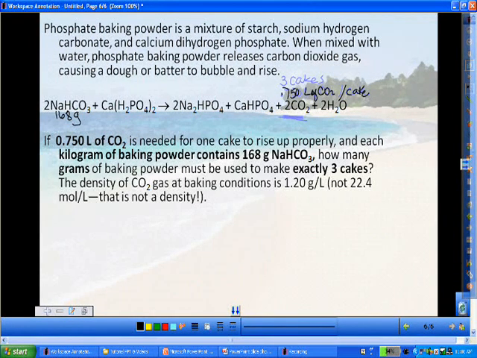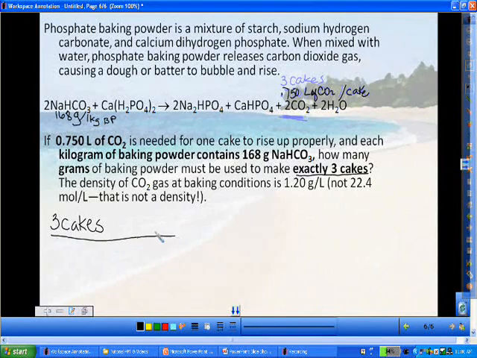And so to begin this problem, let's start with our given unit of exactly 3 cakes. I'll try to explain why in a moment. So if we have 3 cakes, we can use this value here as a conversion factor because it's 0.750 liters of carbon dioxide per cake, and then here you have 168 grams of sodium hydrogen carbonate per 1 kilogram of baking powder.